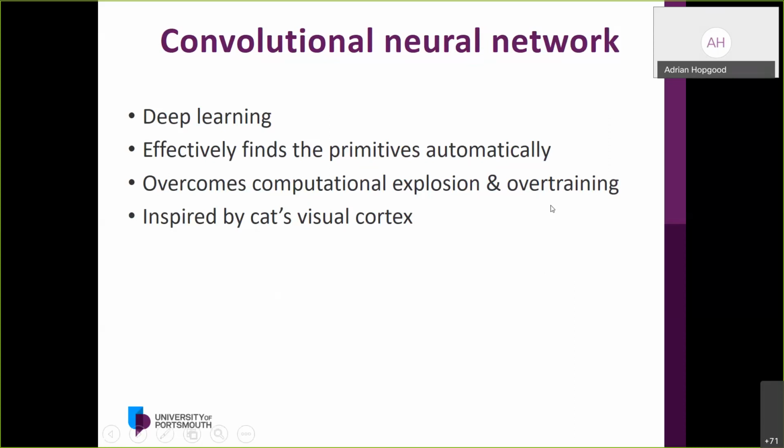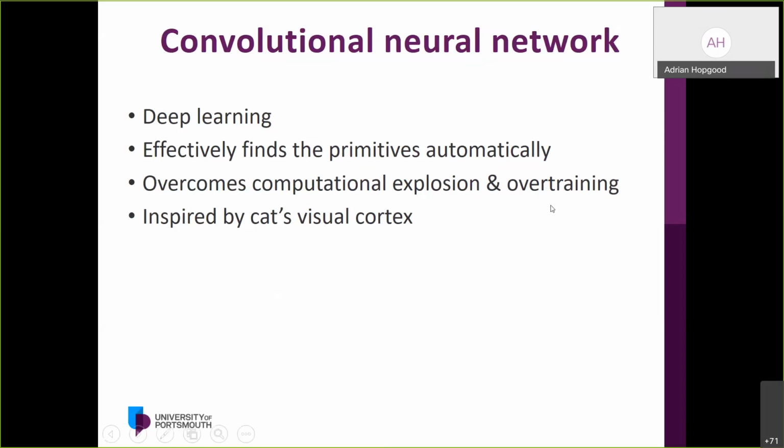First of all, they effectively find those primitives automatically, so they remove that need for pre-processing of my image. They also overcome this issue of computational explosion of nodes and the associated overtraining by being more selective in which nodes are connected to which other nodes.